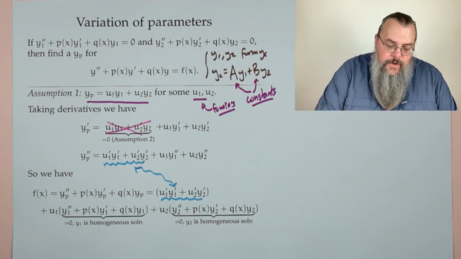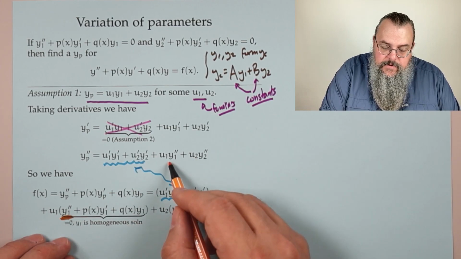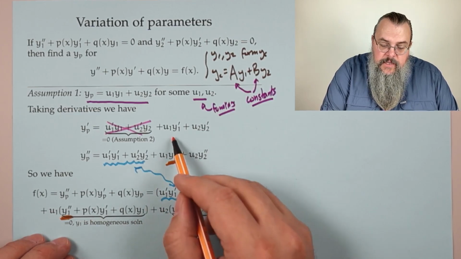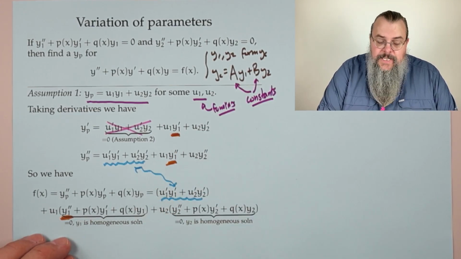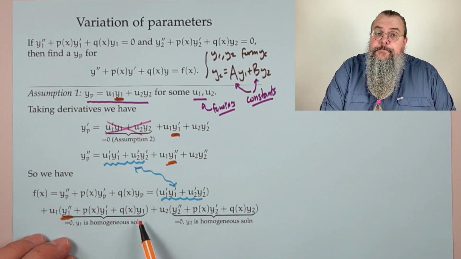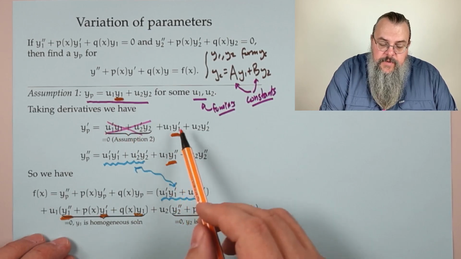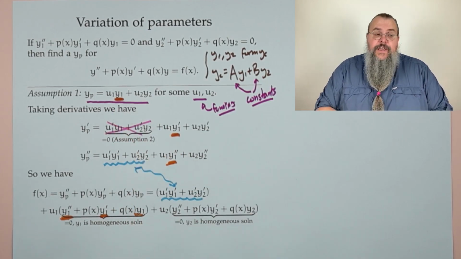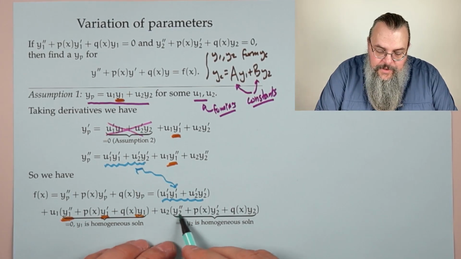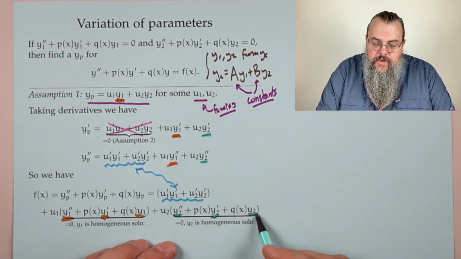For u1, we have our y1 double prime, that's coming from here. And then we have our p of x, y1 prime, and that's coming from here. And then we have our q of x, y1, and that's coming from there. So these pieces are coming from our yp double prime, our yp prime, and our y sub p. In essentially the same way, this y2 double prime comes from there, this y2 prime from there, and this y2 from there.